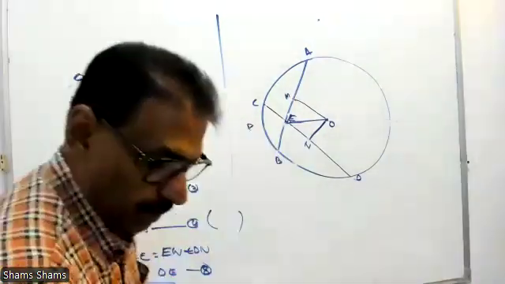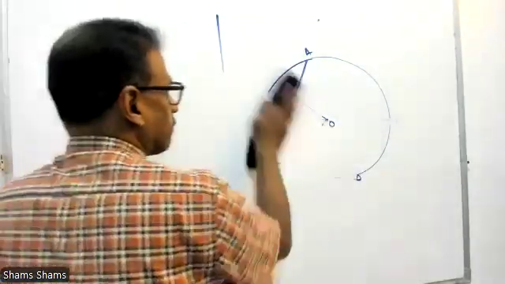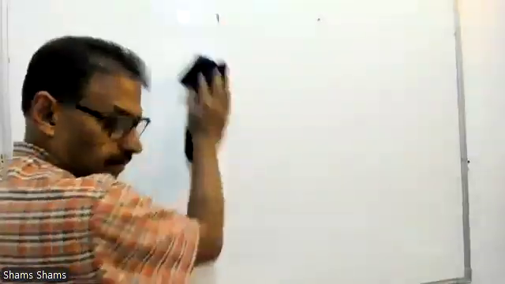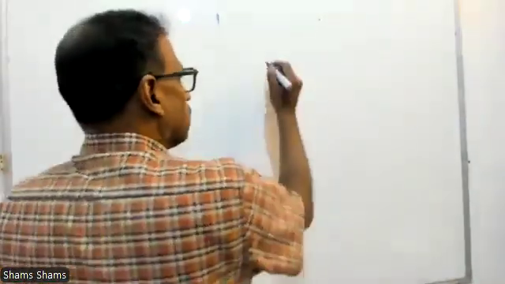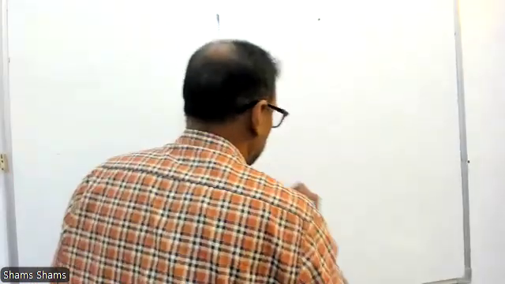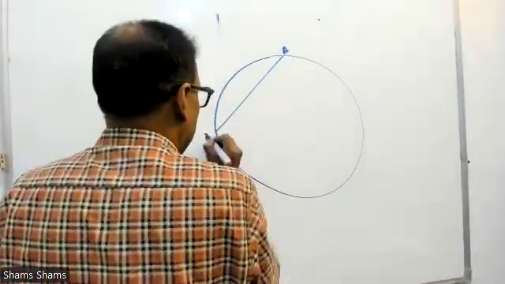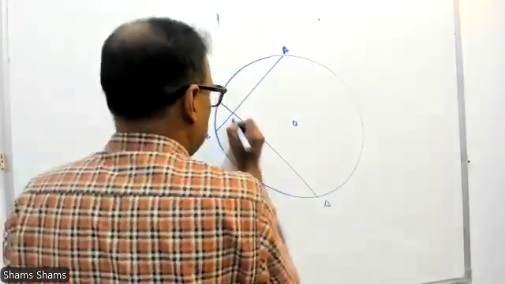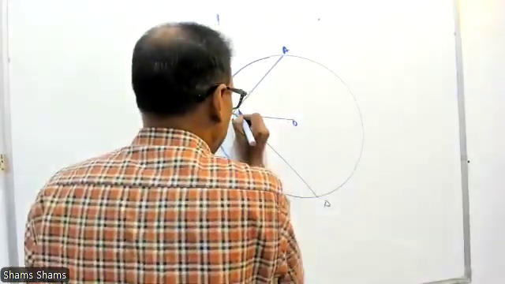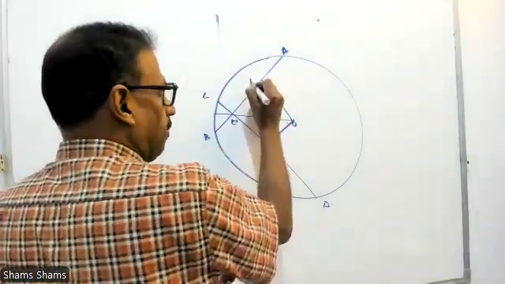Draw the same figure: two chords AB and CD intersect at E. Join these, with M here and N here.